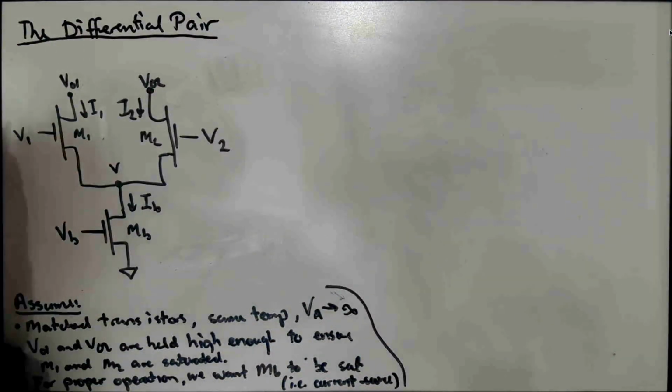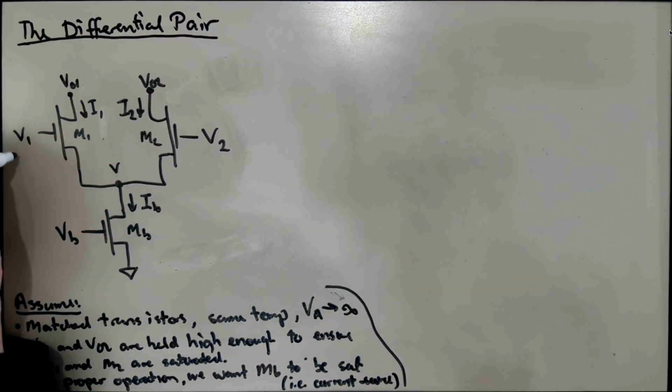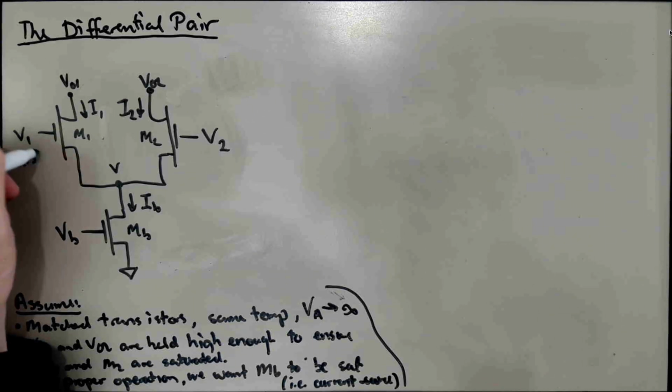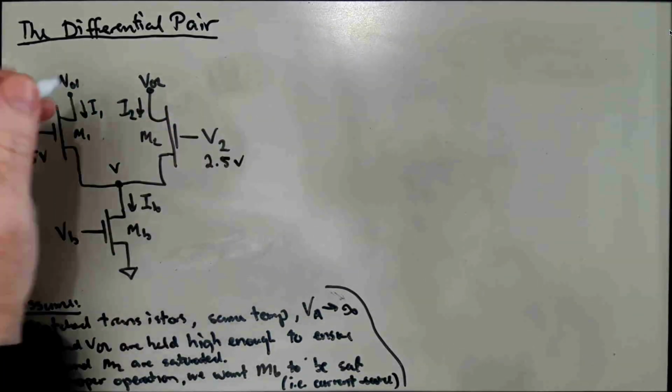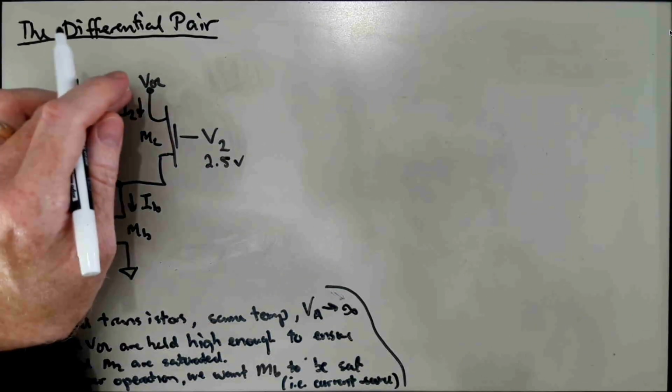Let's say that this is at, I don't know, 2.5 volts, so that these two currents are each half IB.